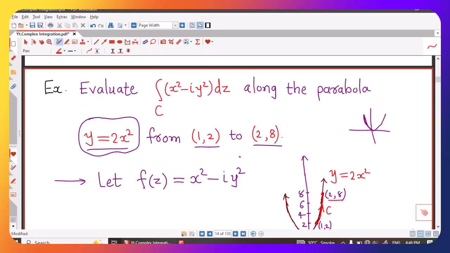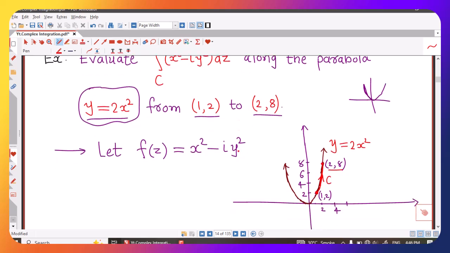Now first we try to convert our function in terms of only one variable. Here our curve is given by y equal to 2x square, so we can replace y by 2x square in the given function.